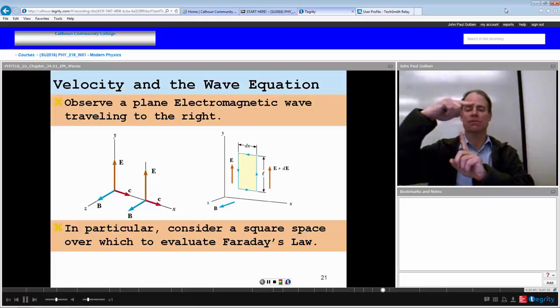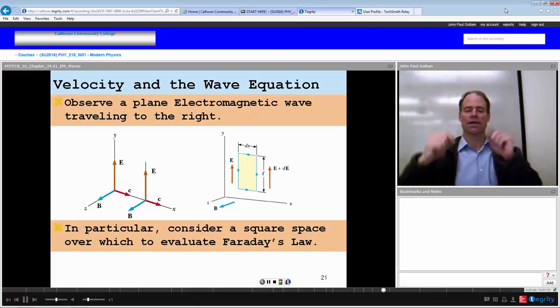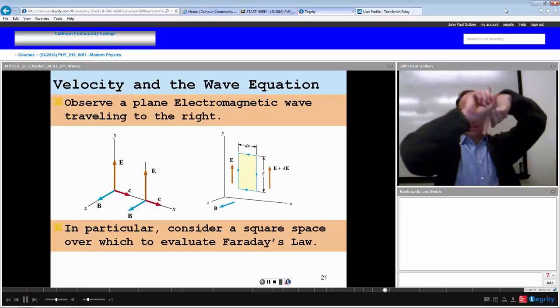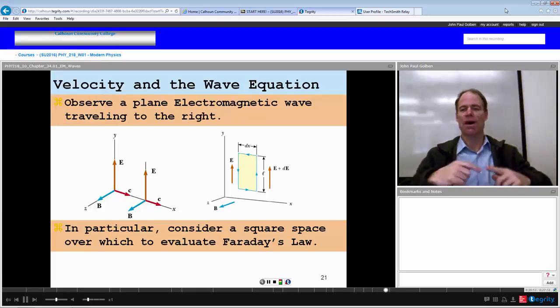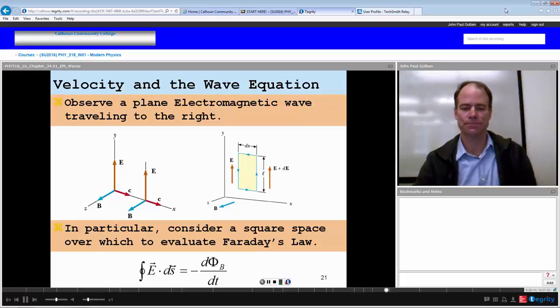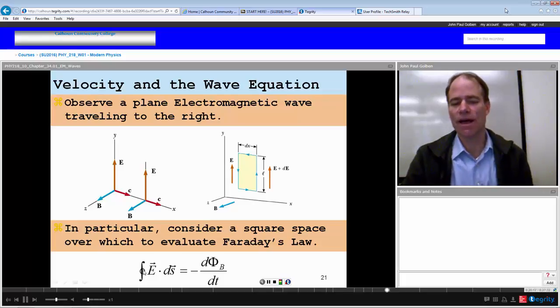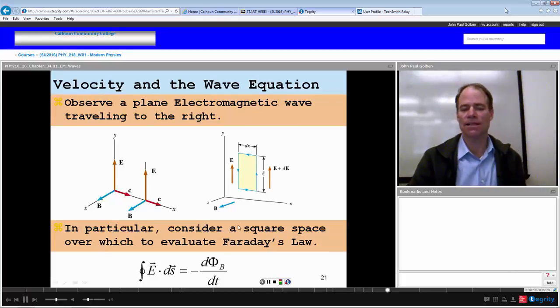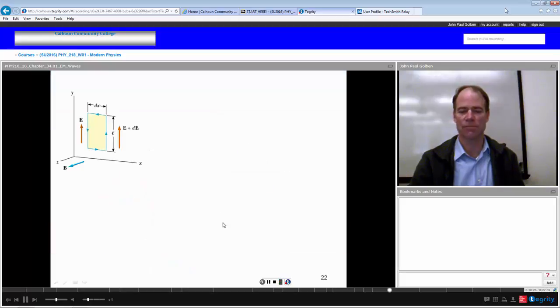On the top, it's going to be perpendicular, 90 degrees. On the other side, it's going to be 180 degrees opposite the direction of ds. And then on the bottom, it's going to be at a 90-degree angle. So we're going to evaluate Faraday's law, E dot ds, around this square. And for that matter, we're going to evaluate the change in flux through that square as well, magnetic flux.